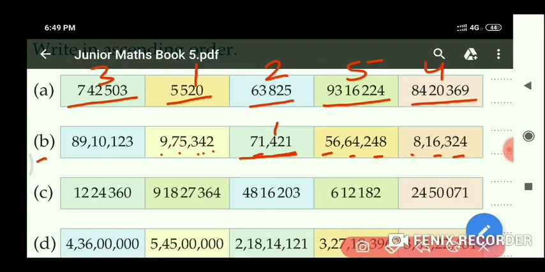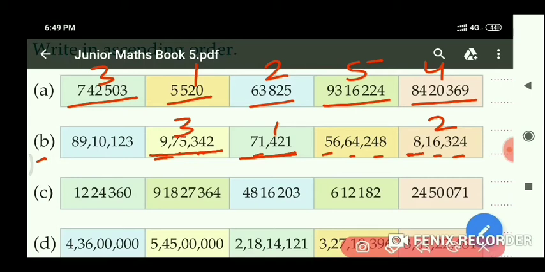Then after that, check in the lakh place only, because lakh is smaller than 10 lakh. So this is 9 lakh, and this is 8 lakh. 8 is smaller than 9. So the second number, what will be? 8,16,324. Then after that, in the lakh place it is coming 9,75,000. So right here 3. Now you can check both up to 10 lakh.